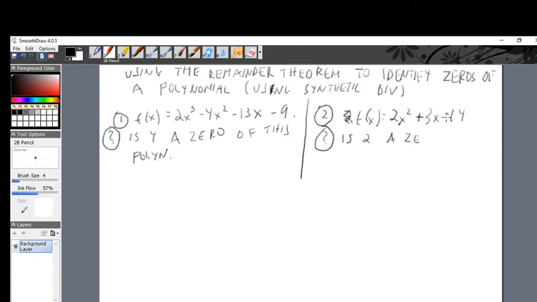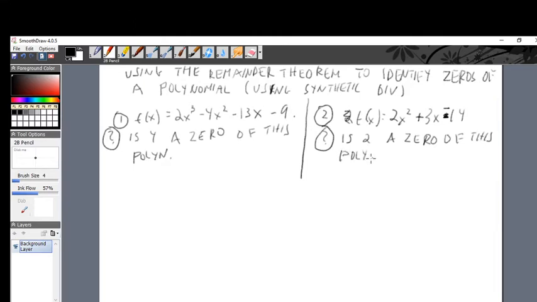That's a minus, be careful. That's a minus, right? Is 2 a 0 of this polynomial?